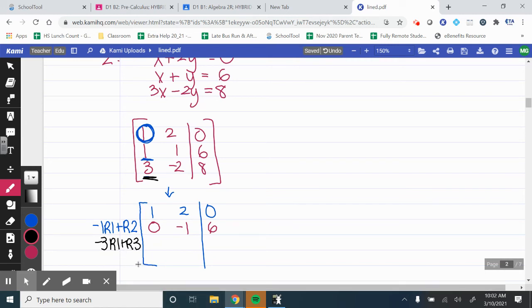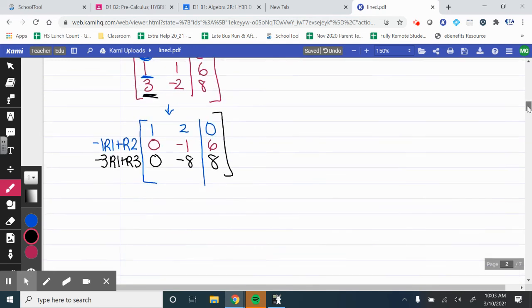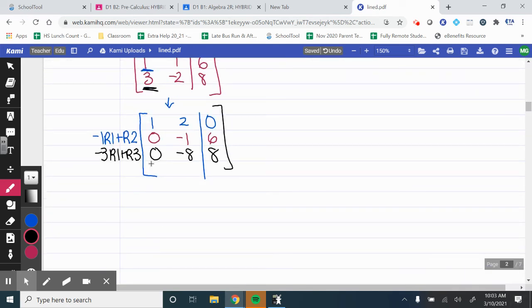Pause your video, go ahead and do that out. So that'll give me 0, negative 8, and positive 8. So now I have my first column done, where I have a lead 1 with the zeros below it.